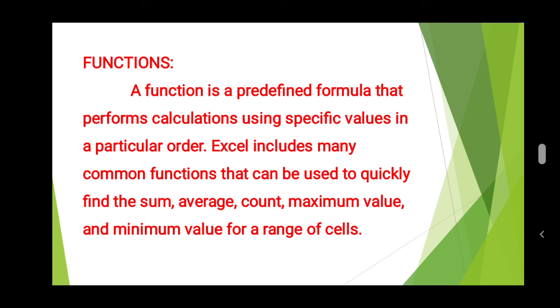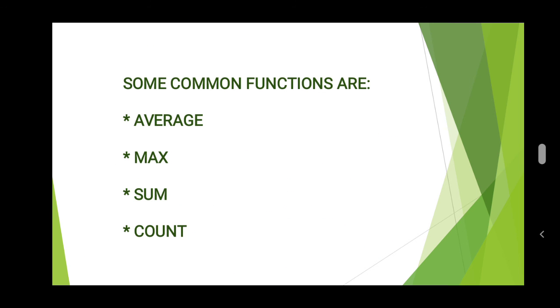It is a predefined formula that helps in performing a calculation using specific values in a particular order. It includes functions like sum, average, maximum value, minimum value and count, which are given for a range of cells. So these are some of the common functions: average, maximum value, minimum value, sum and count.